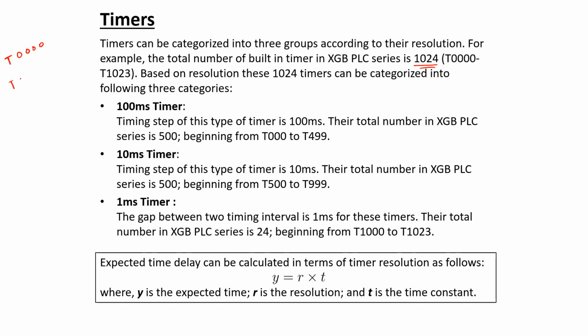So in terms of the word number, the addressing of the timers and the counters is done. So from 0 up to 1023, there are 1024 different timers that can be used in the XGB PLC.